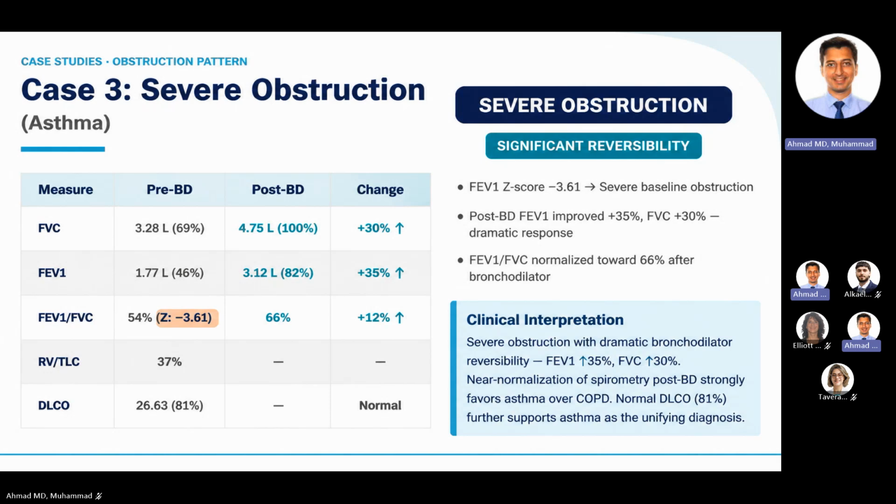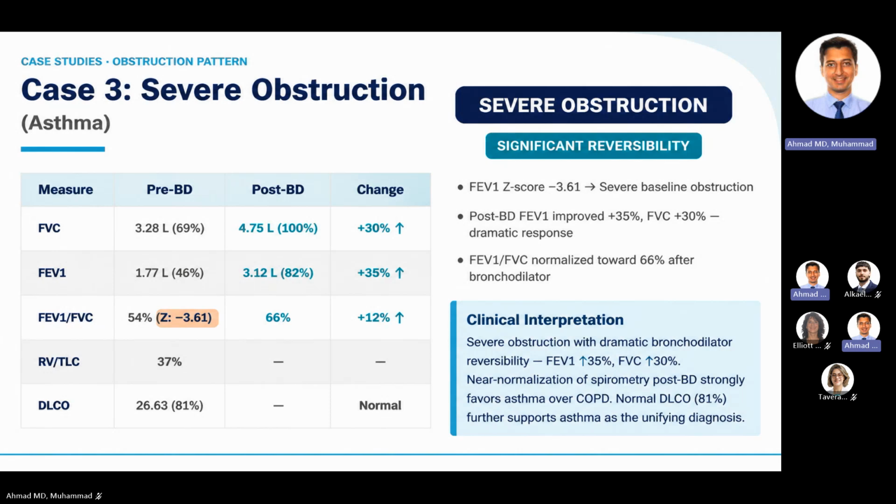Look at the FEV1 change, plus 35% of predicted post-bronchodilator. The FVC also responds by greater than 10% change, and normalization of your obstruction is classical for asthma. The diffusion capacity is normal in this instance.